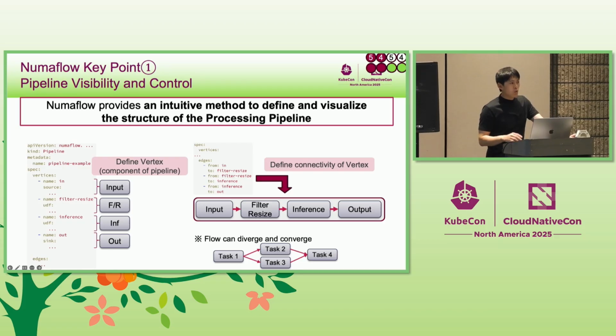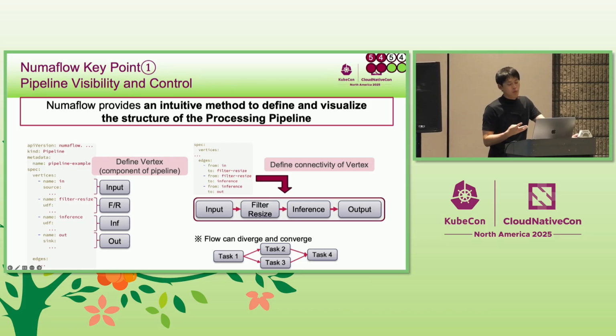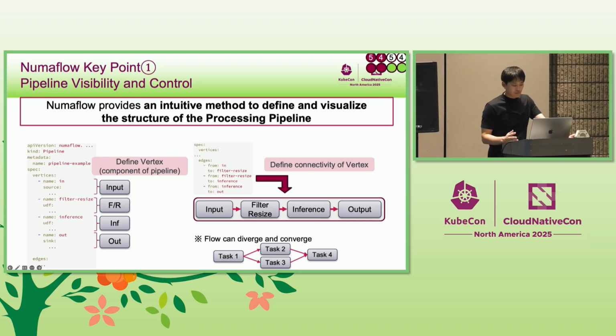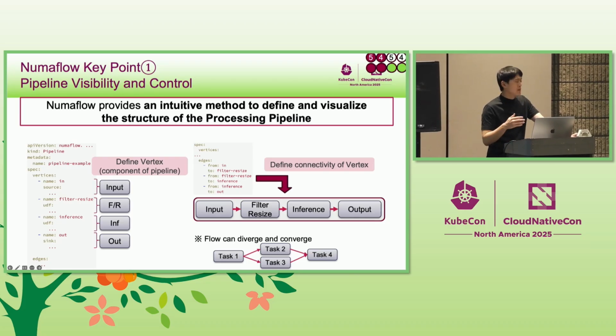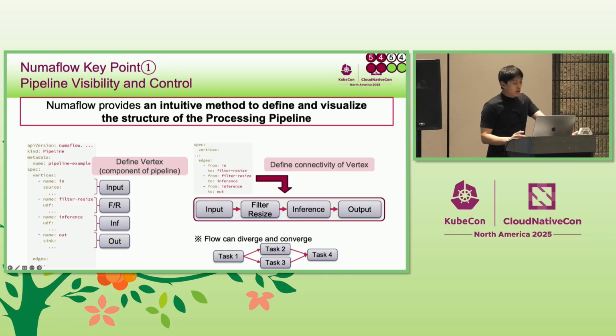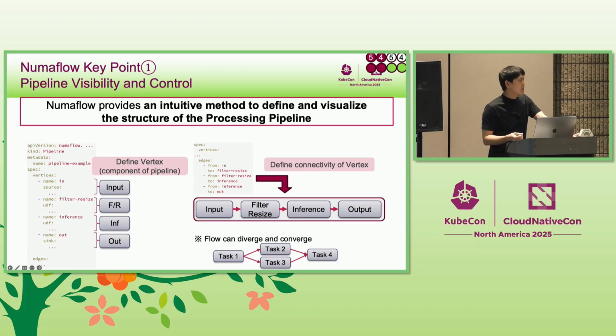In this example, we define 4 components: input, filter size, inference, and output. Then, users also define the connectivity of them. By simply deploying this manifest, we can automatically deploy a processing pipeline with this structure. And although we didn't use it yet, Numaflow itself already supports data flow diverging and converging.